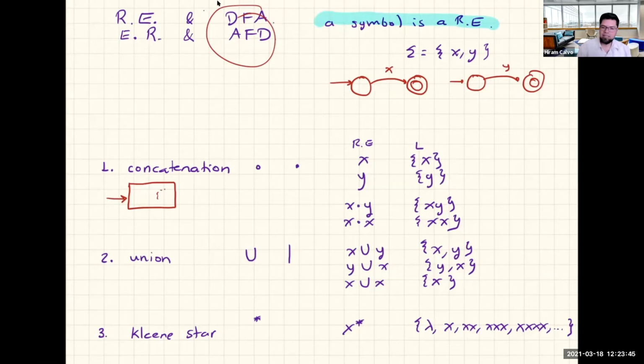This empty transition will be represented with epsilon. This epsilon will mean that we can change from one state to the other without having to read one symbol from the input. And before doing this, sorry, I will show you machine 1 and machine 2.